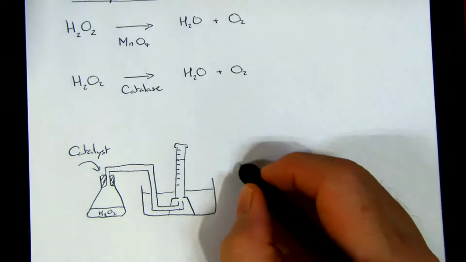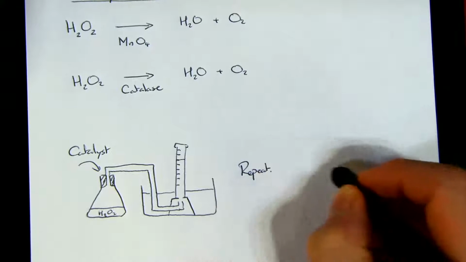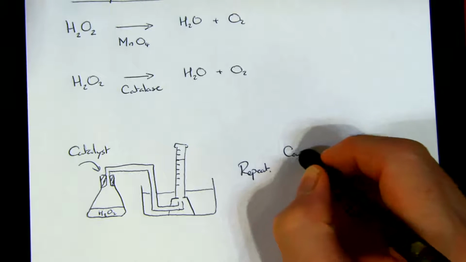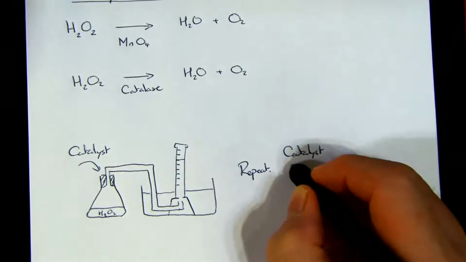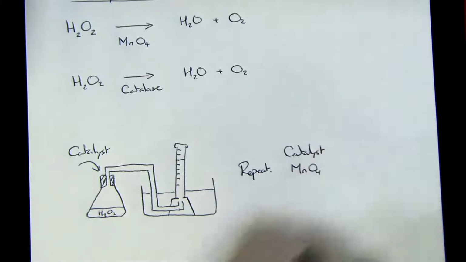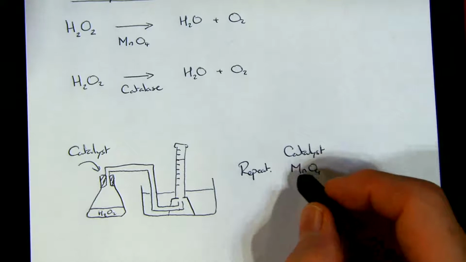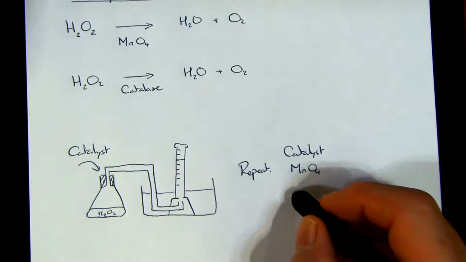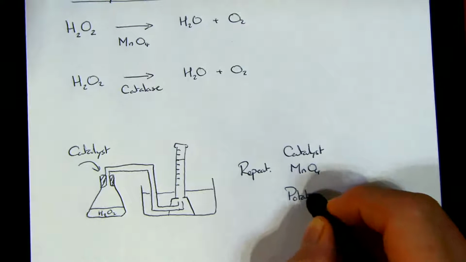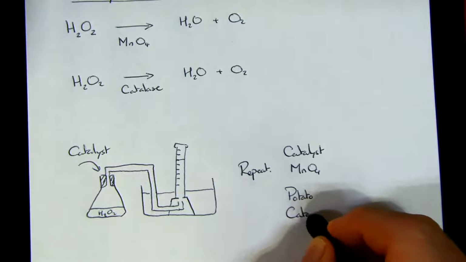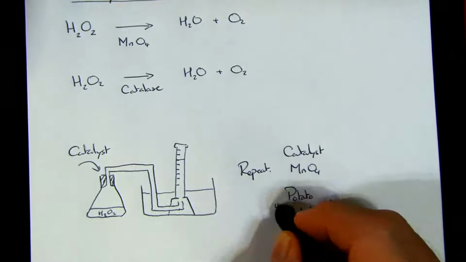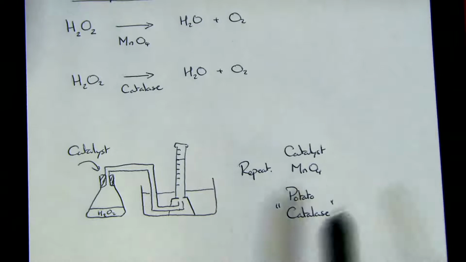We're then going to repeat the experiment, but this time, instead of using the catalyst manganese dioxide, we're going to use the catalyst of potato, the enzyme catalase. I'm going to see if we can get the same reaction. Now, I certainly can't guarantee it's going to work, but we'll have a go and give it a whirl and see what happens. Right, let's go over and have a look at the experiment.